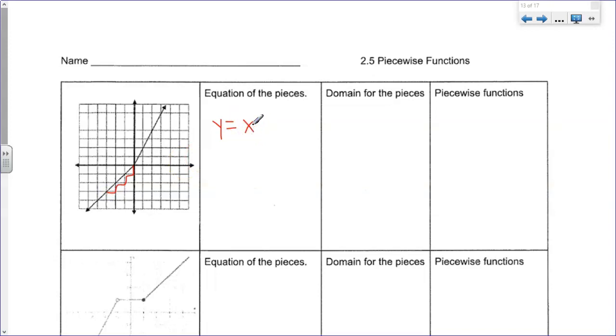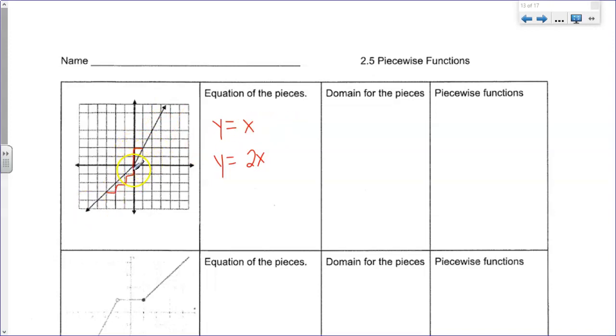Then this next one, we're going to go up 2 and over 1. So that's going to be y equals 2x. So they're both a positive slope. This slope is just greater than this one because it's 2.